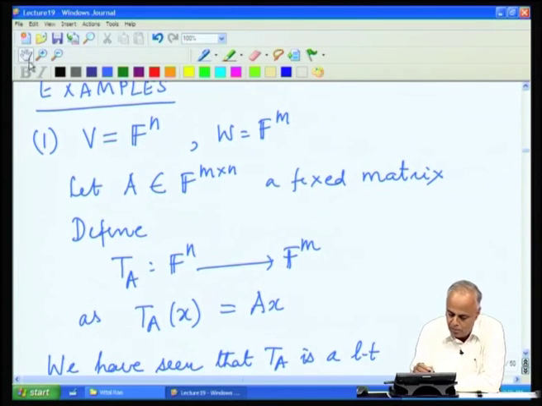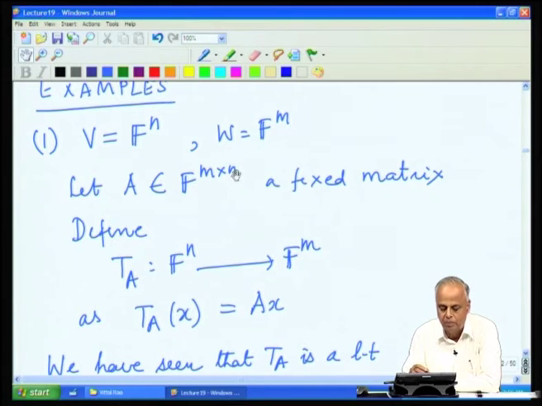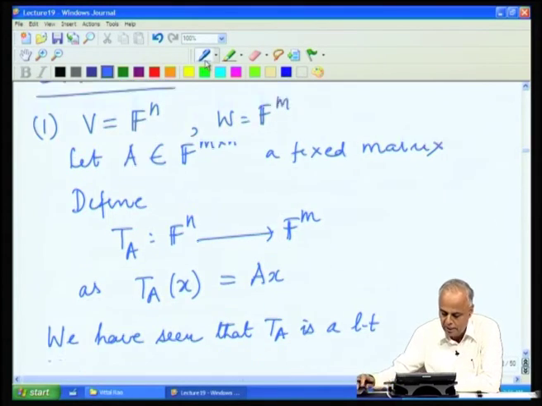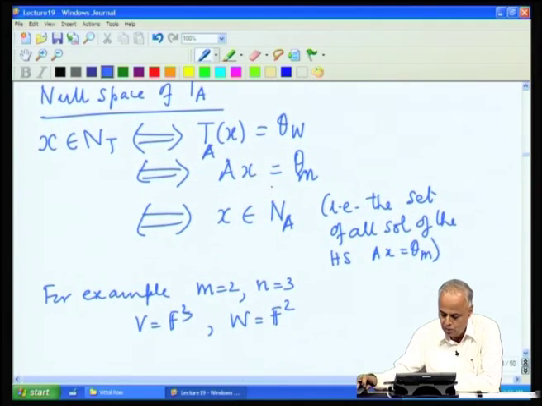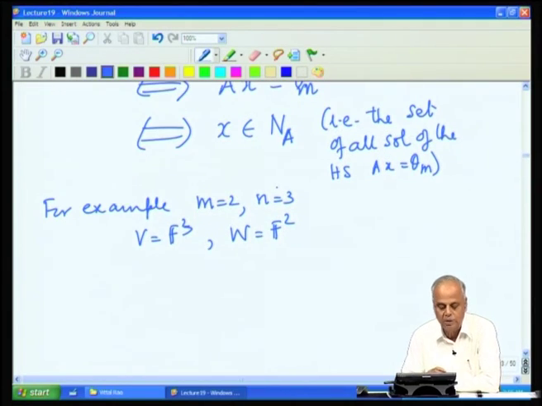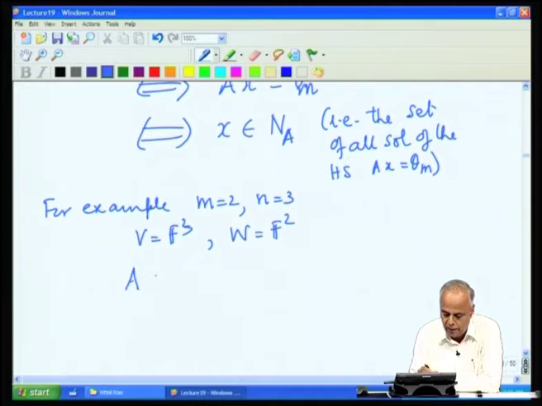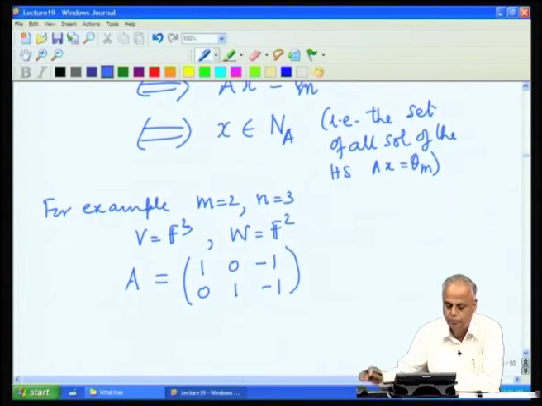So, remember when you go from n components to m components, we need a matrix which is m by n. In this case, we have m is 2 and n is 3. So, we have to take a matrix which is 2 by 3. So, let us say 1 0 minus 1, 0 1 minus 1.